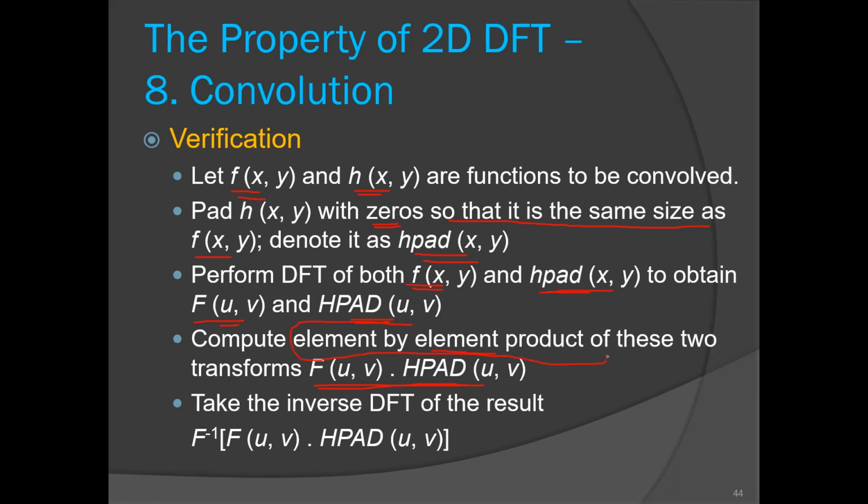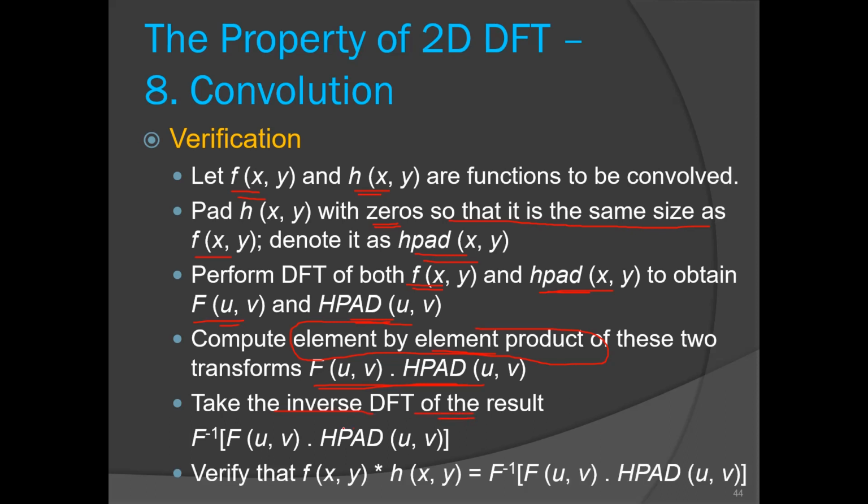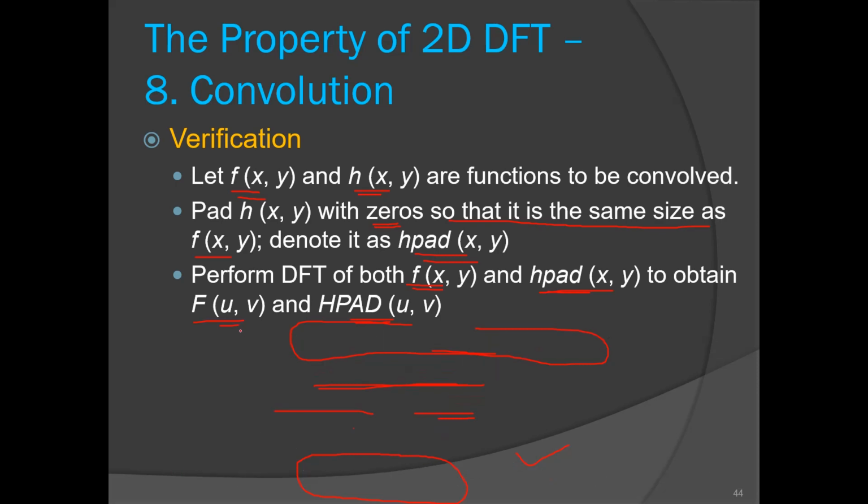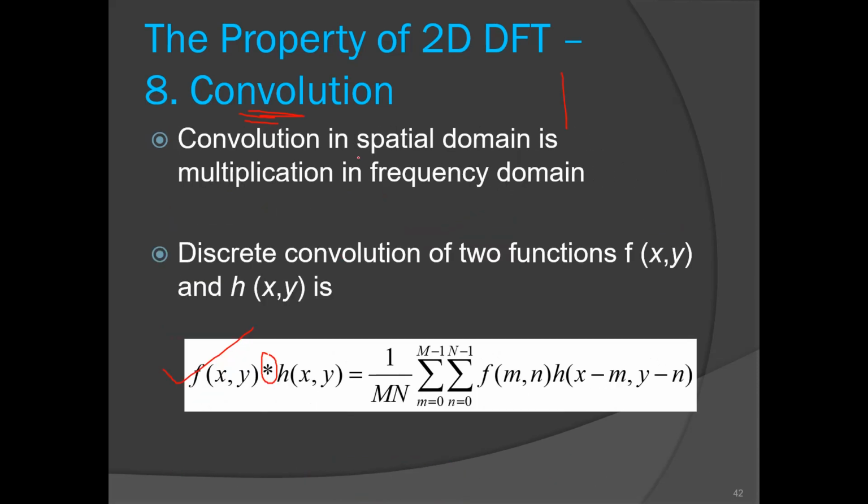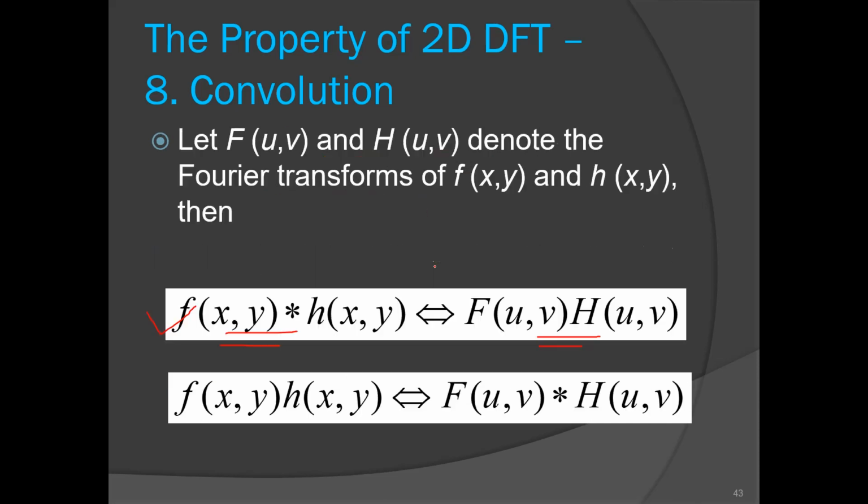Then we take the inverse DFT of the result, and verify against the convolution that we can achieve by the imfilter function of MATLAB, whether it is equivalent to this one. I will demonstrate this in one of the labs. So just remember this statement: convolution in the spatial domain is equivalent to multiplication in the frequency domain.